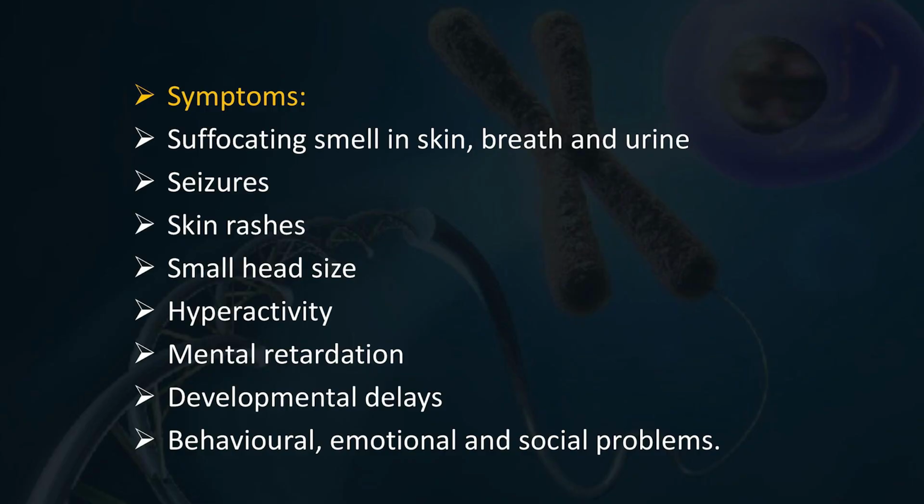First is a suffocating smell in the breath, the skin as well as the urine of the baby. Repetitive seizures are another symptom, and another one is pinkish rashes in the skin. Small headedness is a significant clinical feature, followed by hyperactivity, and mental retardation, which is very common due to the degeneration of the brain cells.